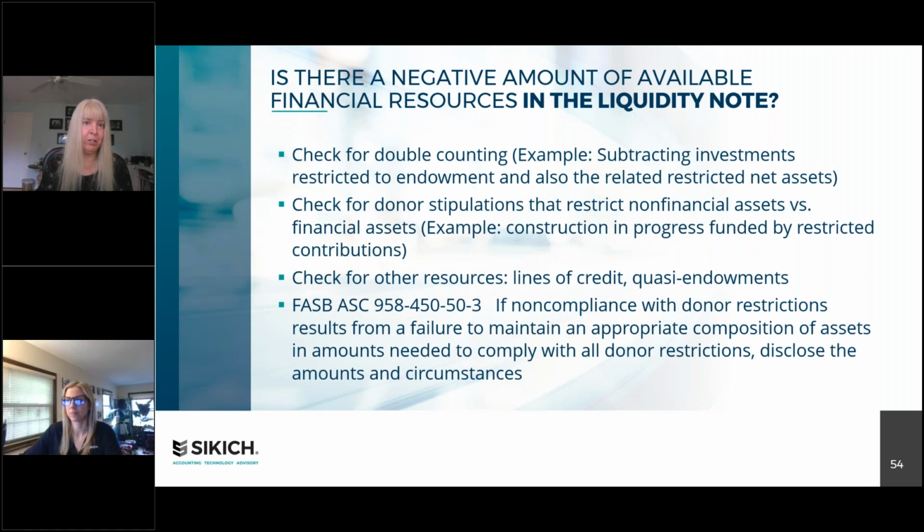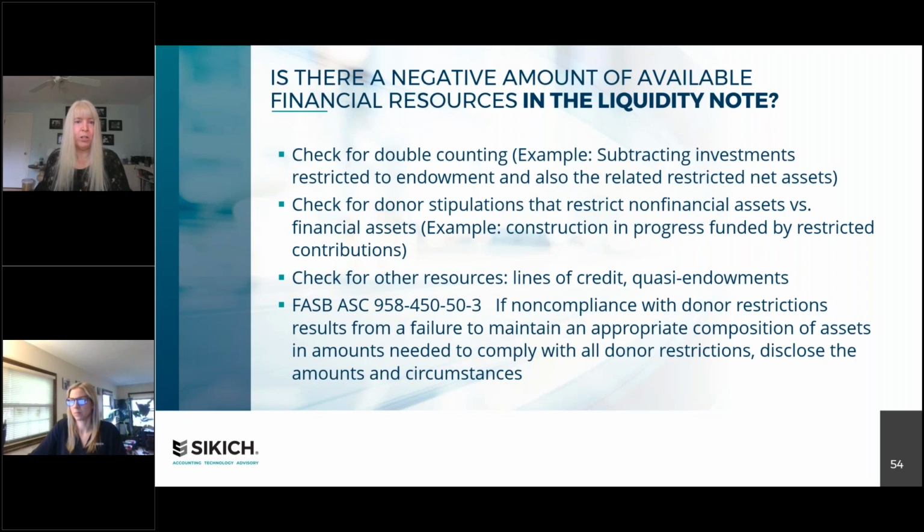Check for donor stipulations that restrict non-financial assets. So let's say your net assets with donor restrictions include restrictions for construction of a building. So you've subtracted all of the restricted net assets from your financial assets, but really some of that amount that's restricted for construction of a building is sitting in construction in progress.